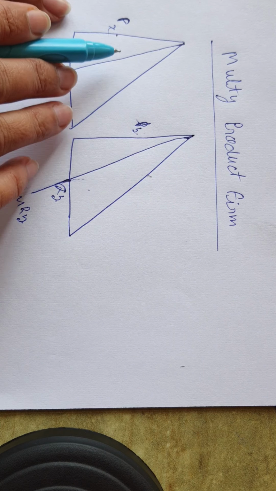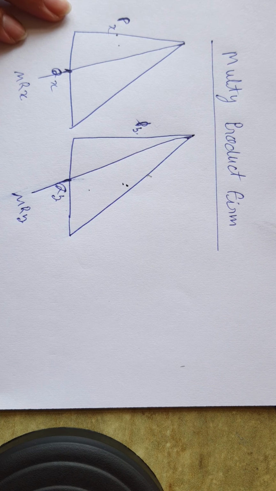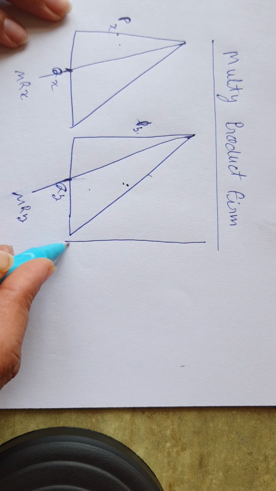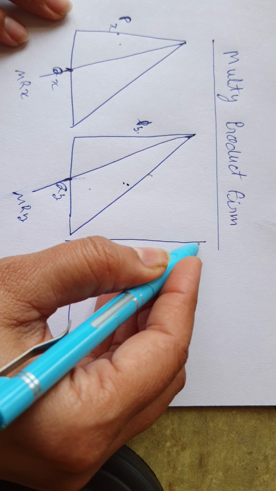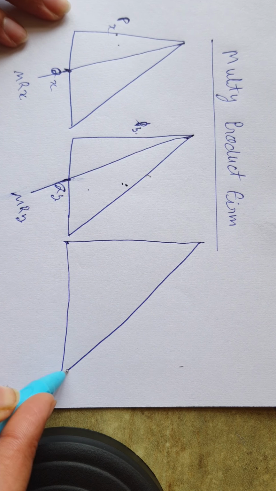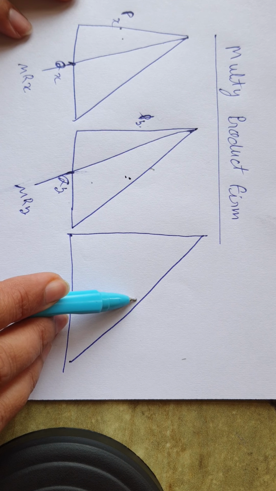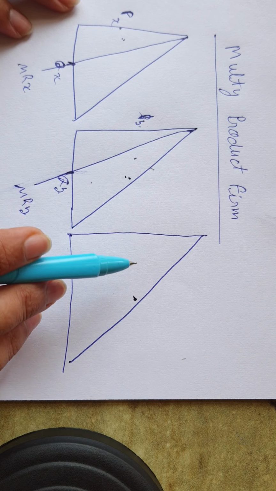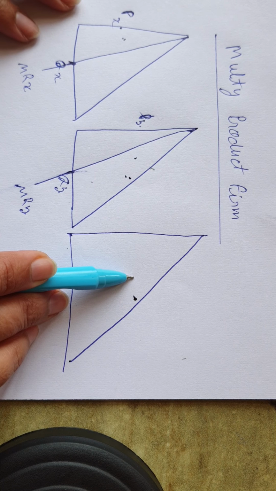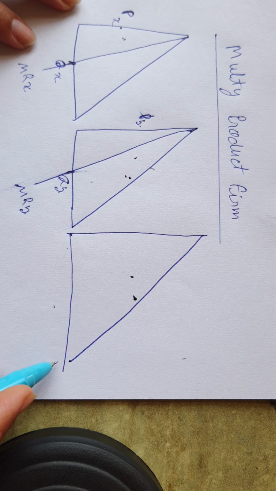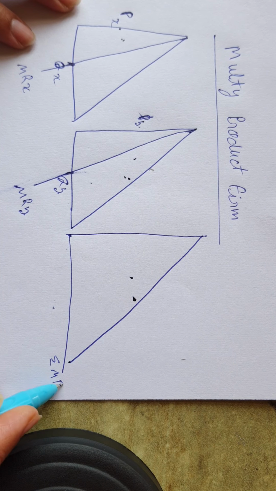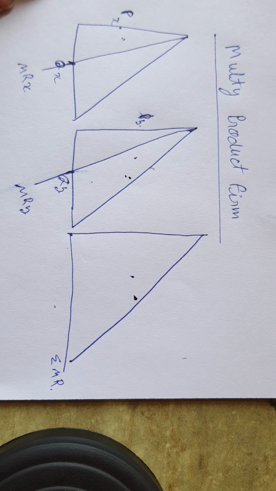Now we will add the two marginal revenues and we will get this total marginal revenue. This is marginal revenue of 1 plus marginal revenue of 2, I mean marginal revenue of X plus marginal revenue of Y. So we can see this is the total of marginal revenues. What about marginal cost?